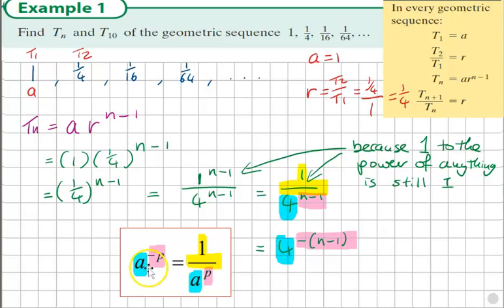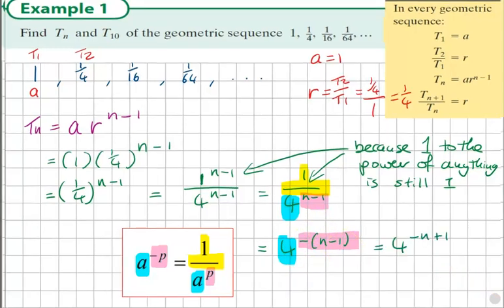So we still have the a, which is 4. And we now have to the power of minus p. And the original p was n minus 1. So it's going to be minus times n minus 1. And minus times n is minus n. And minus times minus 1 is positive 1. So that's how we get from here to here.